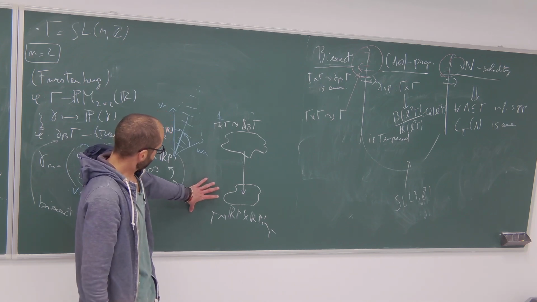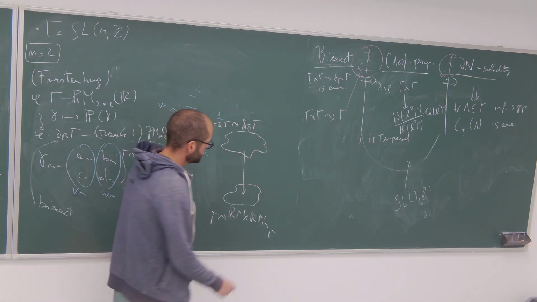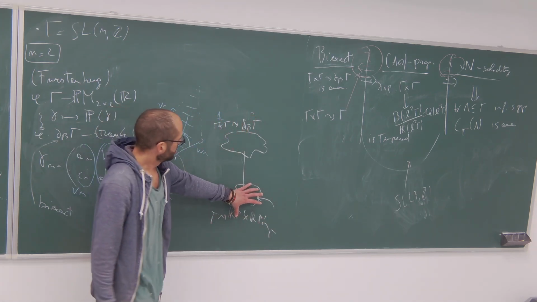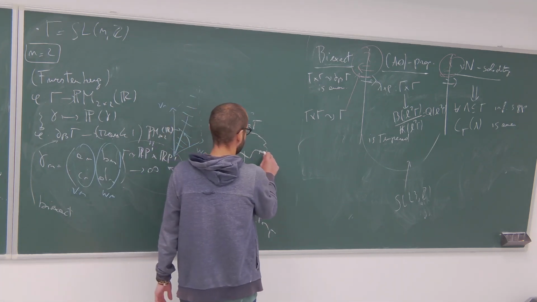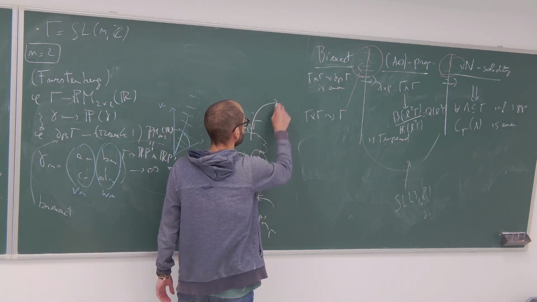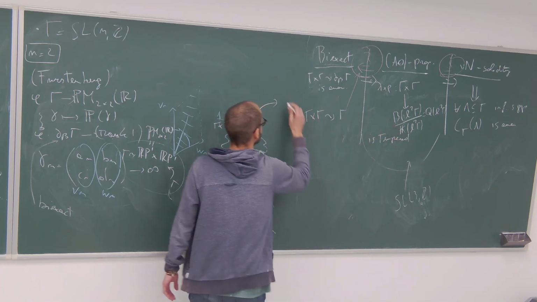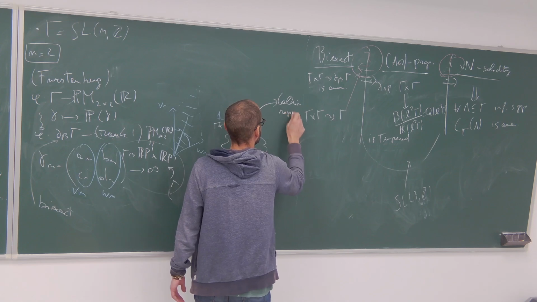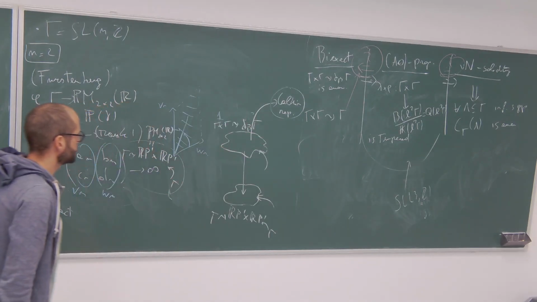So the approach is the following. We have some dynamical properties here, for example, topological amenability. We lift these properties to properties of this other space, and then we try to retrieve properties of the Koopman representation, in order to deduce property Gamma, for example.